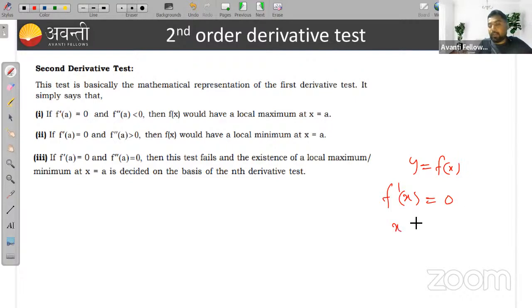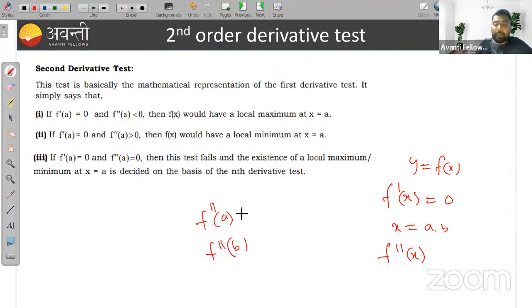Suppose you are getting x is equal to a and b, right? Then try to find f double dash x, second derivative of that function, and after finding f double dash x, what should you do? We should put in place of x, first f double dash of a and f double dash of b.